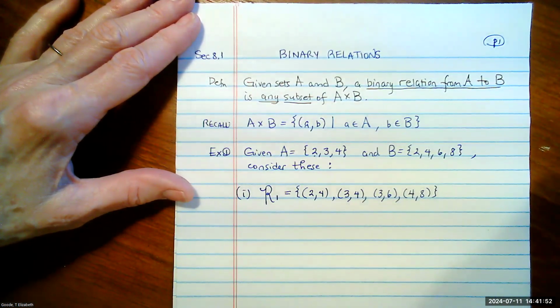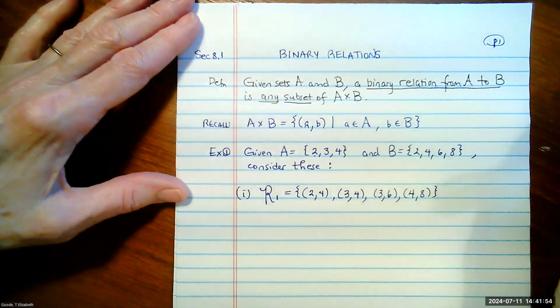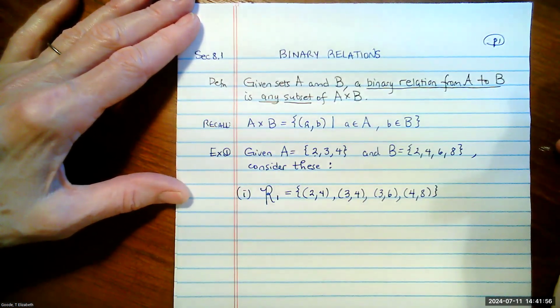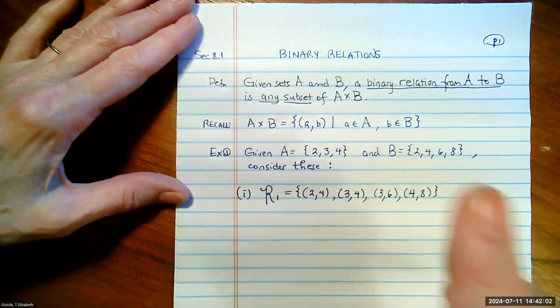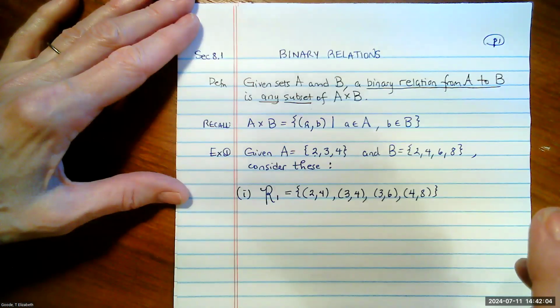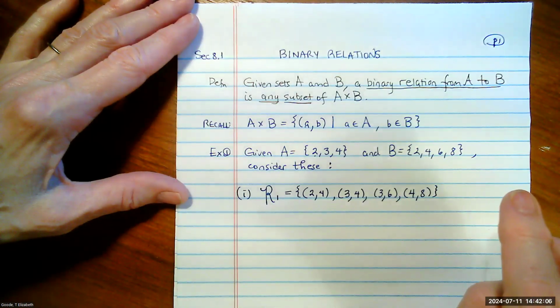That's right, the empty set. The empty set has no elements, but it is a subset of every set, including the set A cross B. So the smallest binary relation is always the empty set for any A and B. The largest binary relation from A to B is all of A cross B.